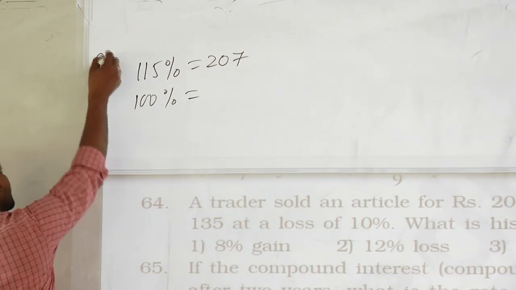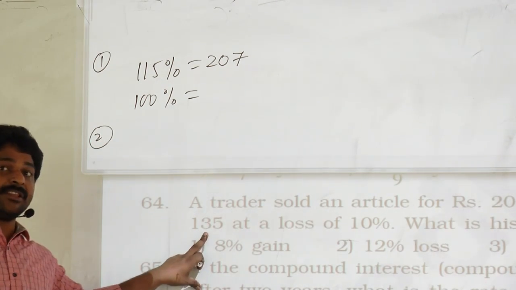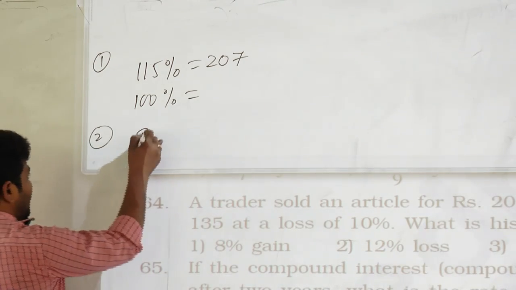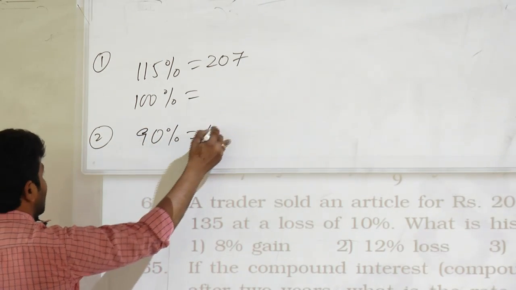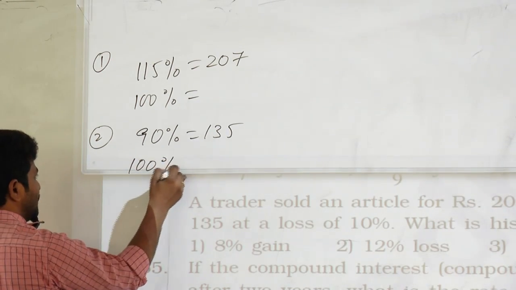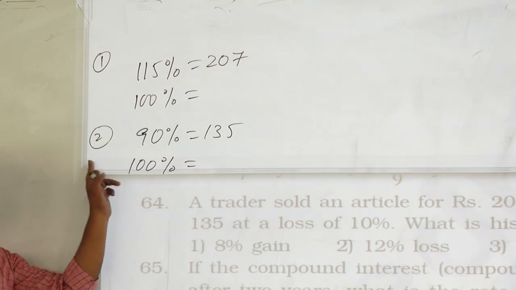This is the first case. And then the second case. By selling it for 135, he lost 10%. 10% loss converts to 90%, which is equal to 135. 100% is how much? If you calculate this, you will get the cost price of the second item.